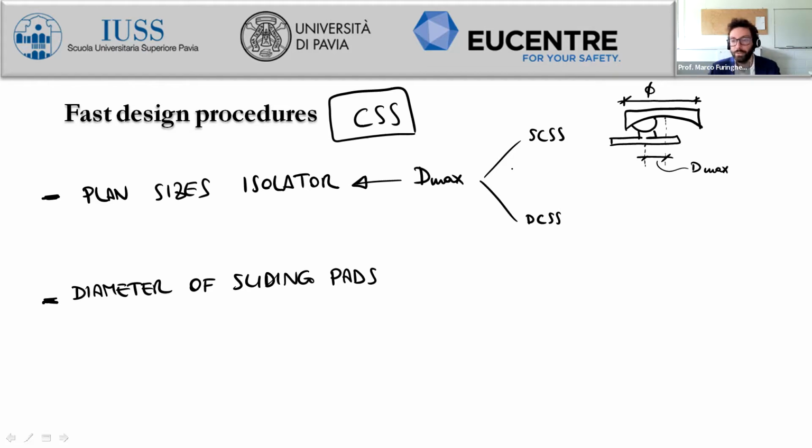By drawing the overall device, we can design the overall geometrical quantities in order to accommodate this displacement demand. With this particular typology, if we consider the double curved, we obviously have a different behavior.